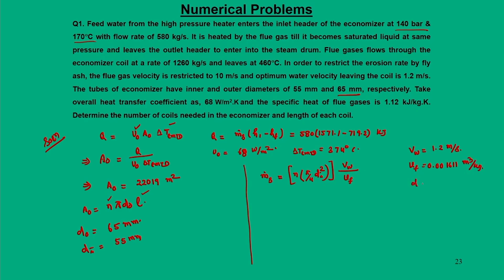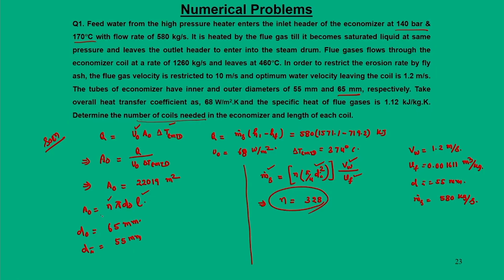So, di is 55 mm. Putting this value, m dot s, the mass flow rate of steam, is 580 kg per second. So, this is known, Vw known, Vf known, di known. This will give you n is equal to 328, that means number of tubes needed is 328.